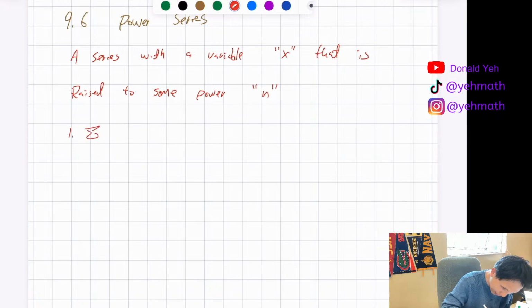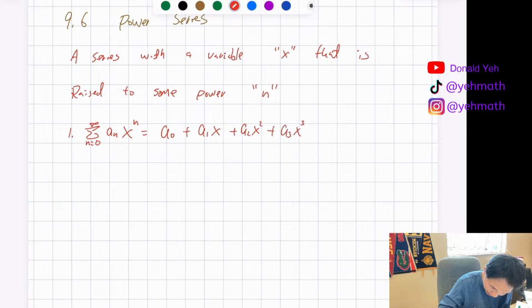This is the first representation: the sum from n equals 0 to infinity of a_n x^n is equal to a_0 plus a_1 x plus a_2 x^2 plus a_3 x^3 and so on. Because n is equal to 0, that's going to be 1.